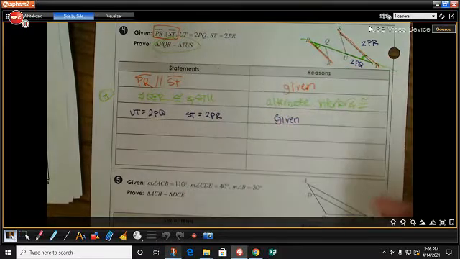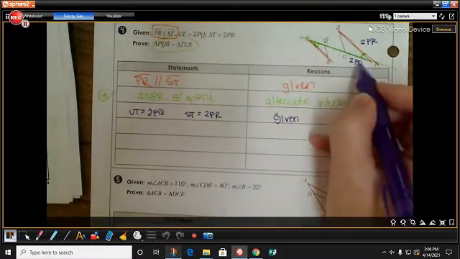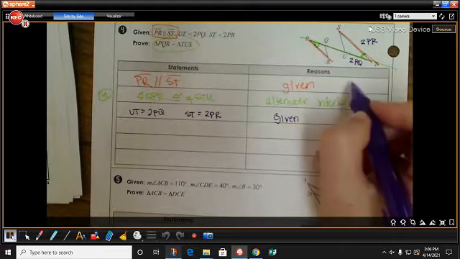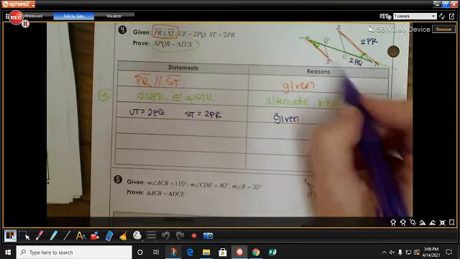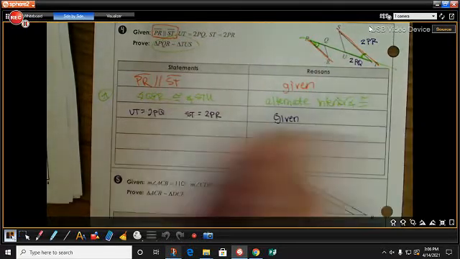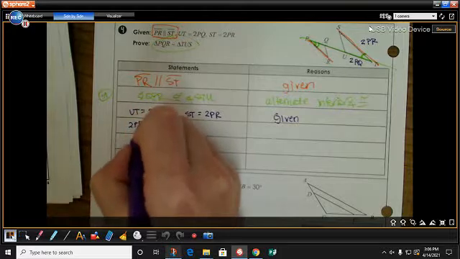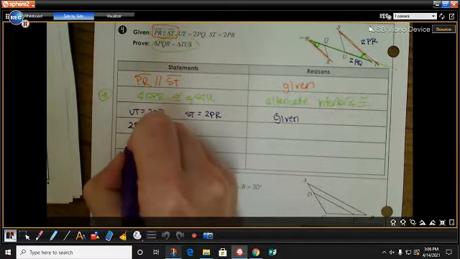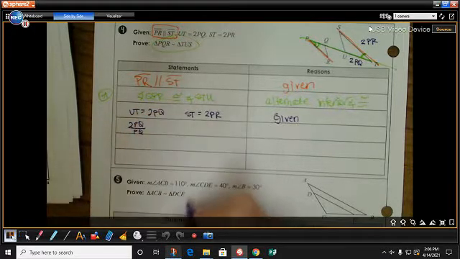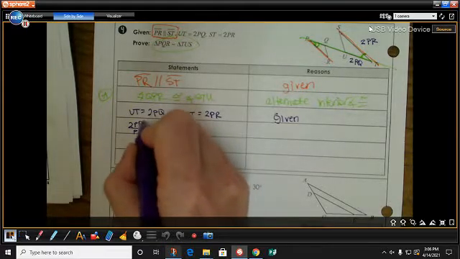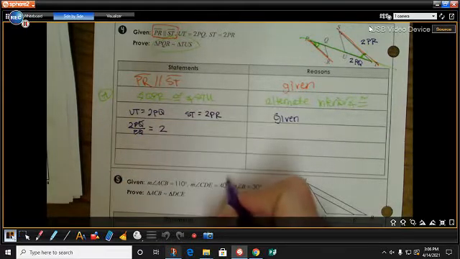So I'm going to set up my ratios. I'm going to set up this one to this one because these are going to be my corresponding sides. So I have 2 PQ going to PQ. Well, that ratio simplifies down to 2.